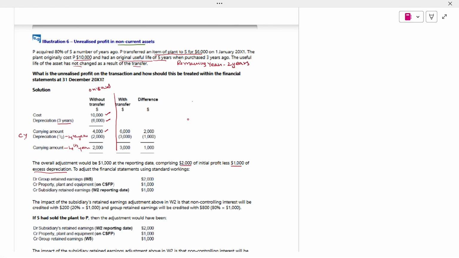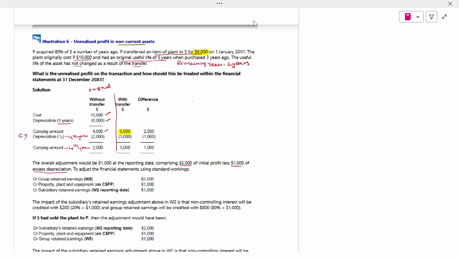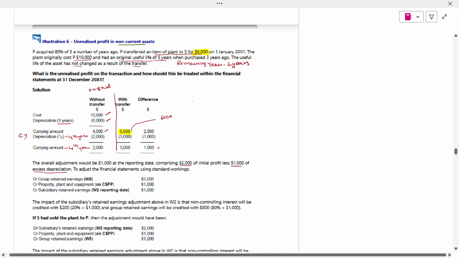Yes. With the transfer. How much have they transferred it for? 6,000. Is it right? On the transfer, they have calculated depreciation of 3,000: 6,000 divided by the remaining 2 years.